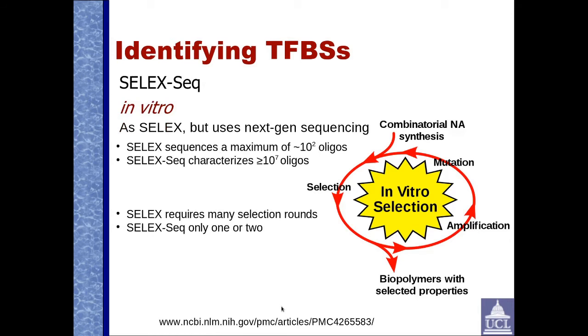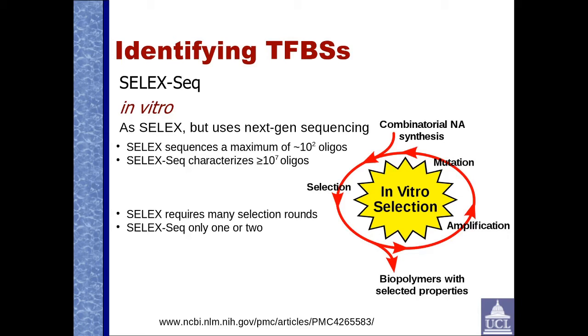A modification to SELEX, again an in vitro technique, is SELEX-seq, and this is exactly the same as the SELEX method, but in SELEX you're somewhat limited by the number of these oligos that you can end up sequencing, usually a maximum of about 100.